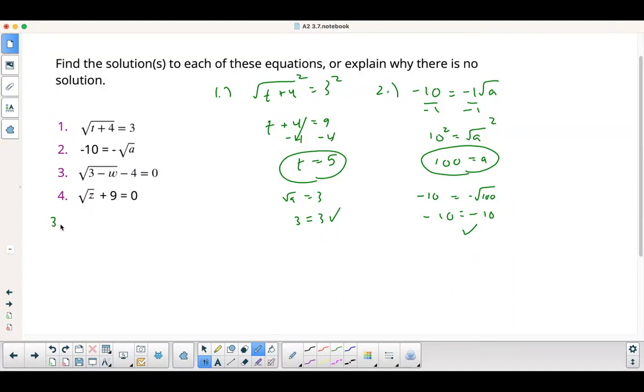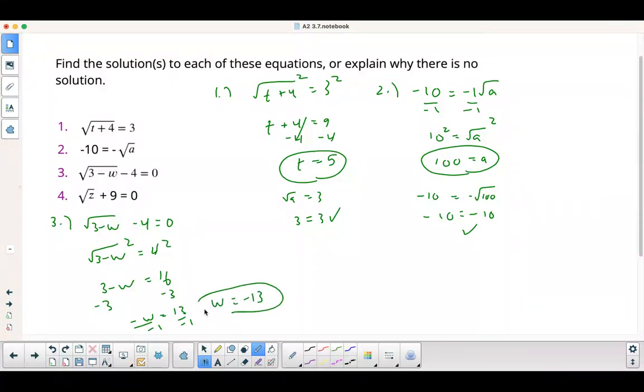Let's try the third one over here. Let's add 4 to both sides. Let's square both sides. Let's minus the 3. And then let's divide by -1.